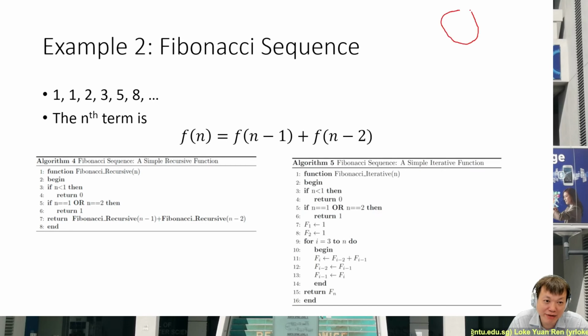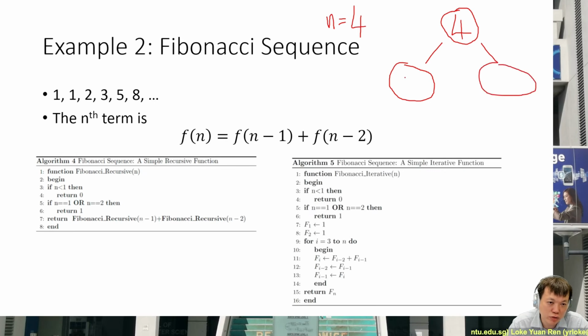If you look at it, I'll give you an example. Let's say I just need n equal to 4. Your n equal to 4 means you need to do 2 recursive calls: n equal to 3, and n minus 2, which is n equal to 2.